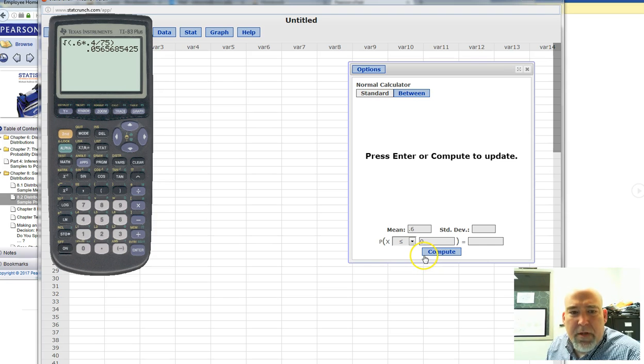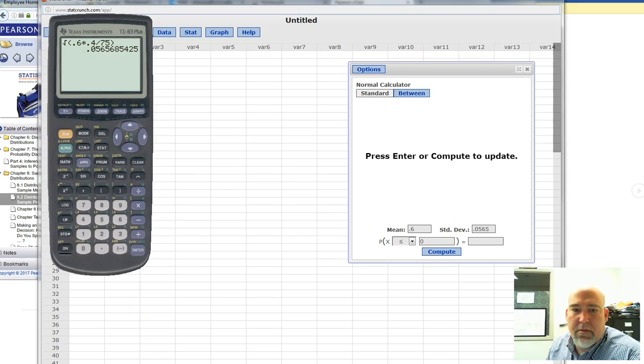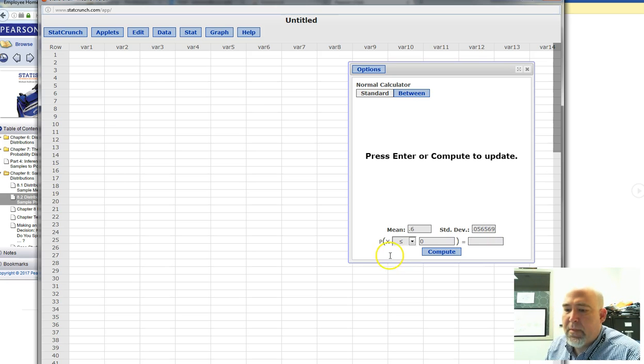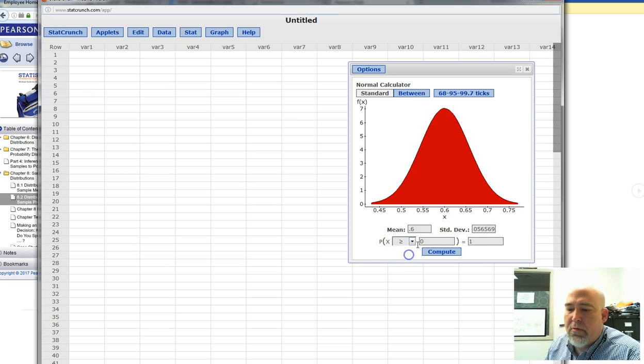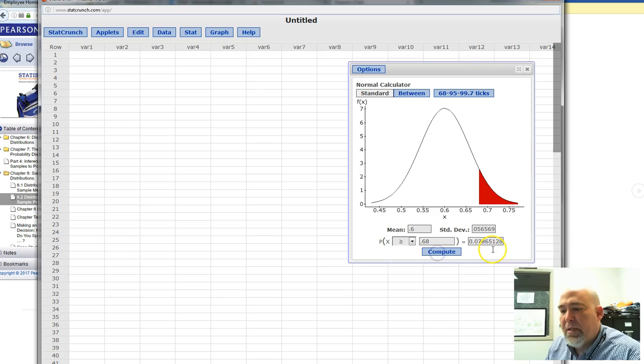So 0.056569, and it was greater than 0.68, so 51 out of 75 is that 0.68. So now we can see that the probability, the area to the right, is 0.0787.